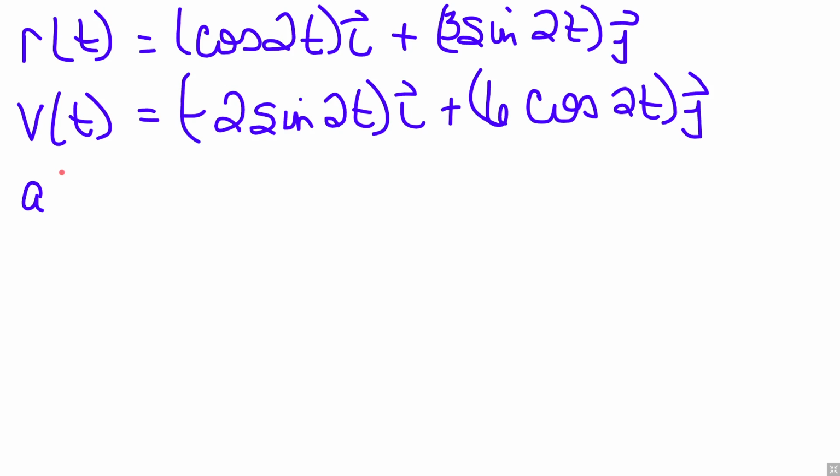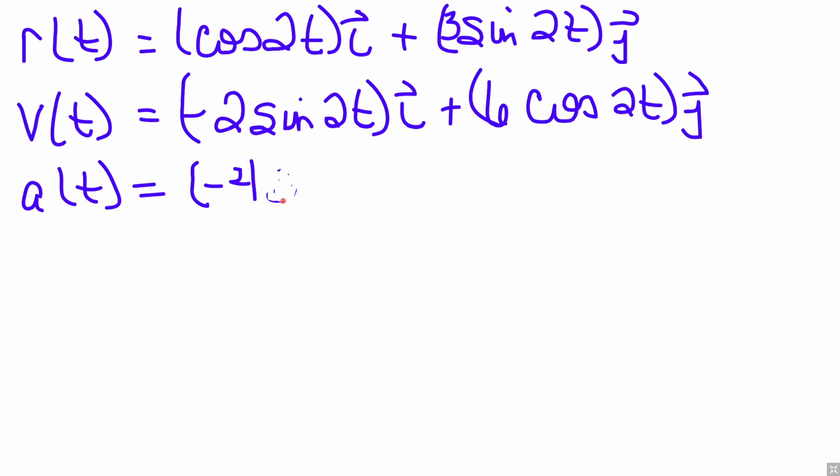Okay, so for the acceleration vector, what is the derivative of the first component here? Negative 4 sine 2t. Oh, sorry, cosine, I mean.